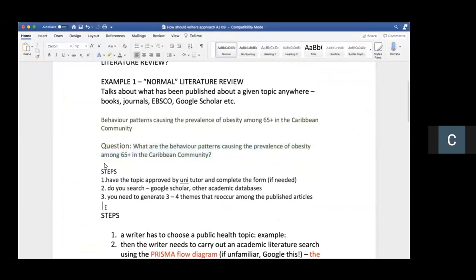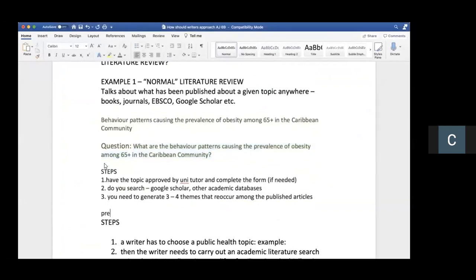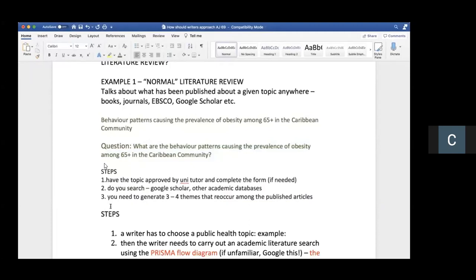And I'm starting to prepare. So how you generate these topics is like this.